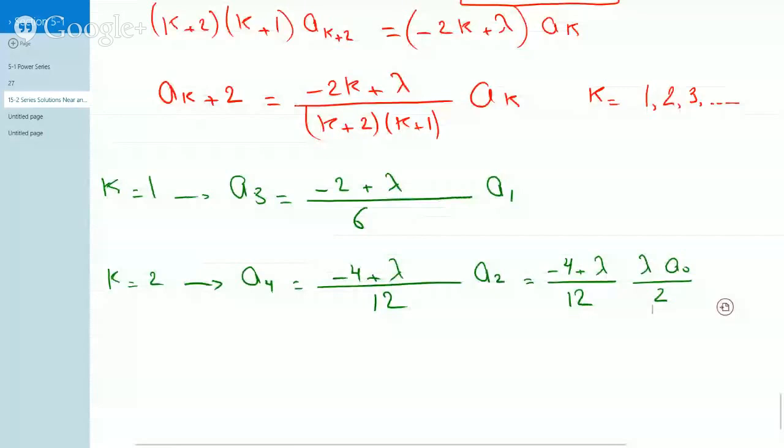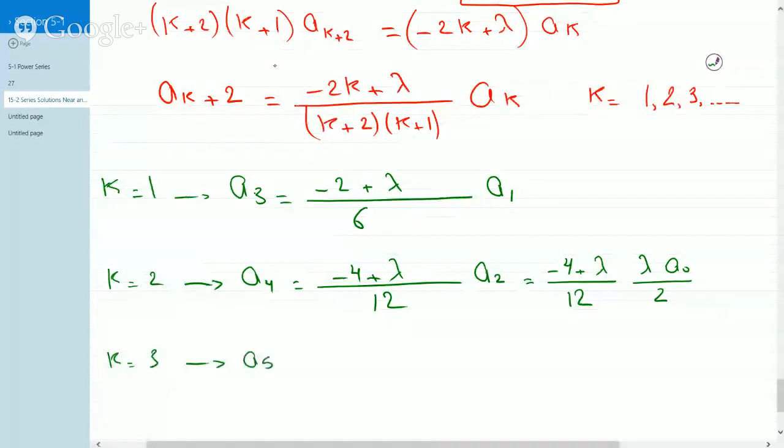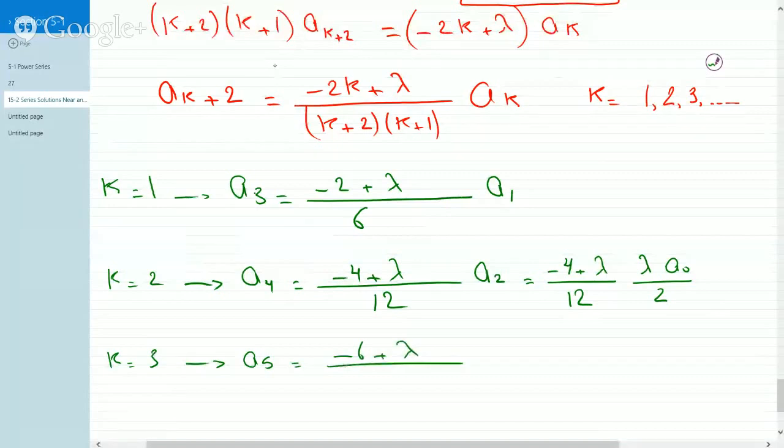And then what's k equals 3? And we get a5 equals minus 6 plus lambda over, this is 5 times 4. Let's just leave it as 5 times 4 so we can better find a relationship, yeah? 4 times 3, and here it was 3 times 2.